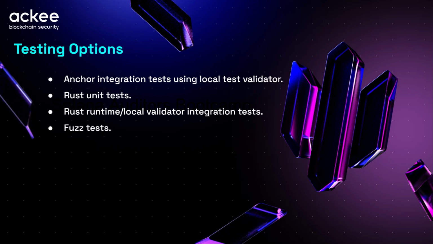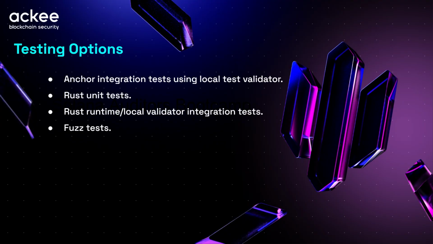And there are also other alternatives for how to test with Rust. Either you can use the runtime, which basically does not spin up the whole local validator. It's faster to run the tests, but maybe some features of the blockchain are not available.